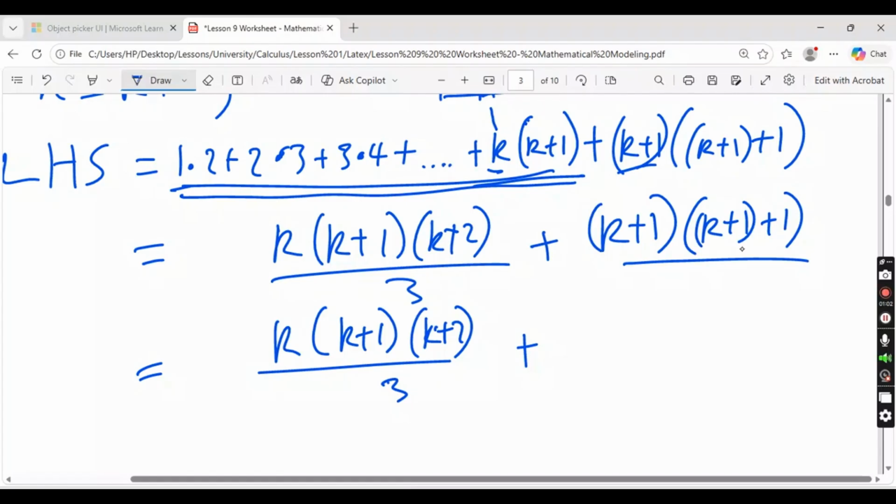And then I said 3 times k plus 1, k times k plus 1 plus 1. So k into k plus 1 times k plus 2 is equal to k cubed plus 2k squared plus k squared plus 2k.